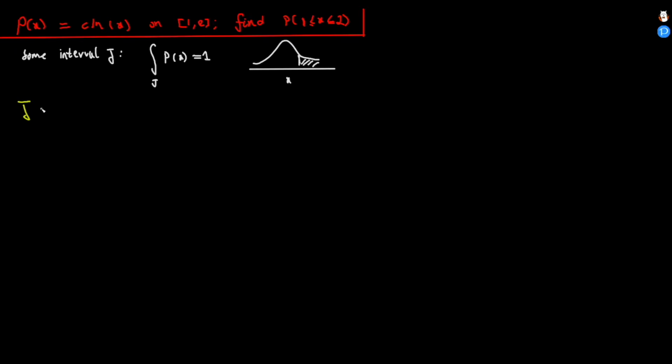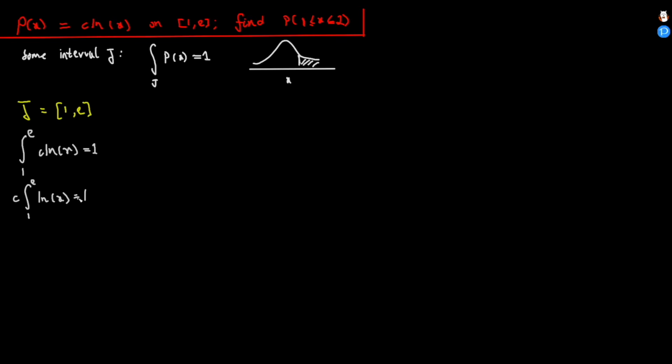Given that, in this case our j is 1 to e first, because we need to solve for what c is. So we get the integral from 1 to e of c ln of x equals 1. We can pull the c out because it's a constant: c times the integral from 1 to e of ln of x equals 1.